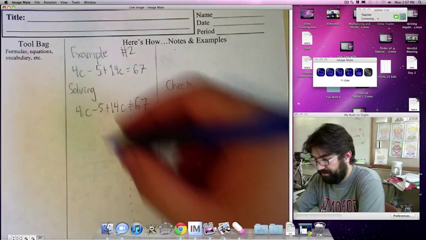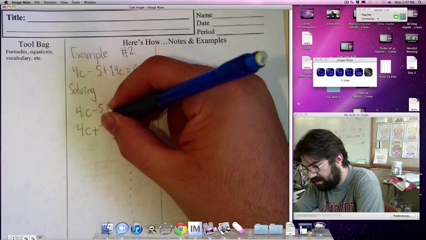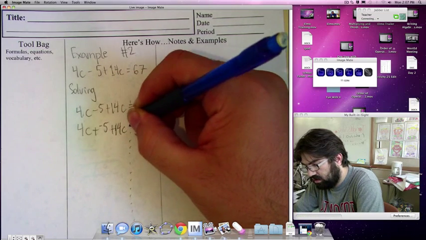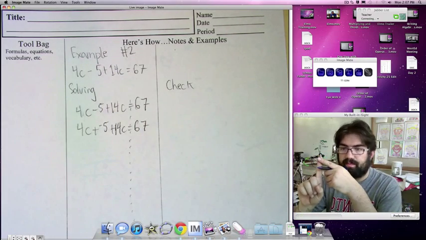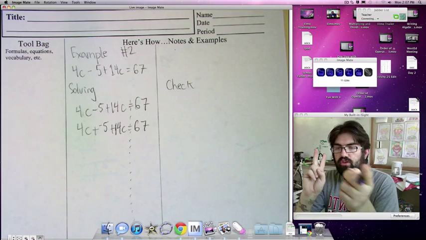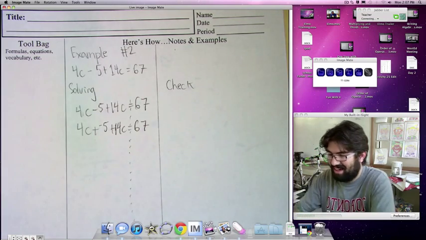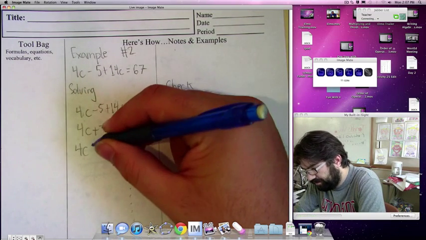I'm going to rewrite. First step, I'm going to add the opposite with negative 5 right here. Okay, do I have to distribute? Nope. Do I need to rearrange? Yeah, you got a constant in the middle, variables in the front.